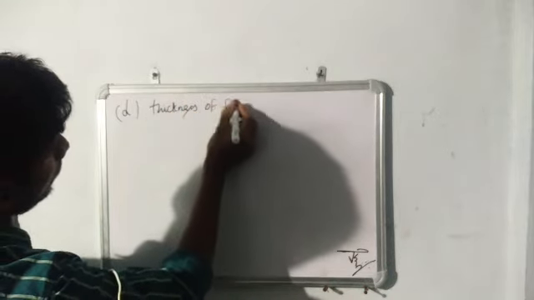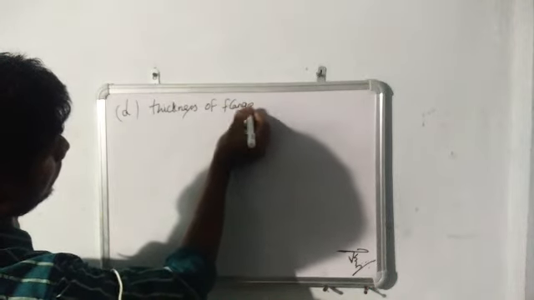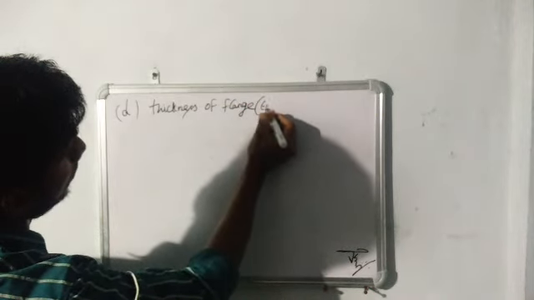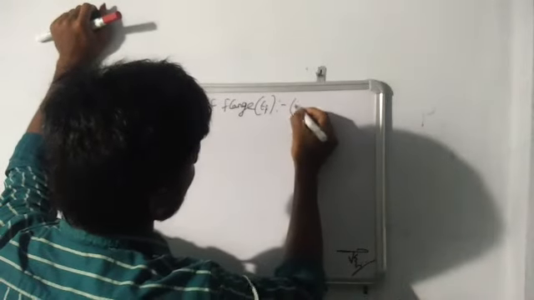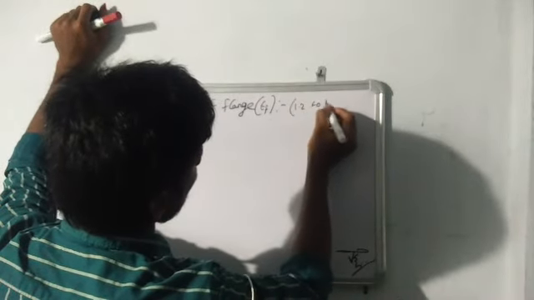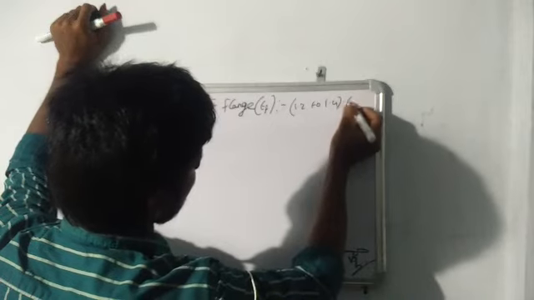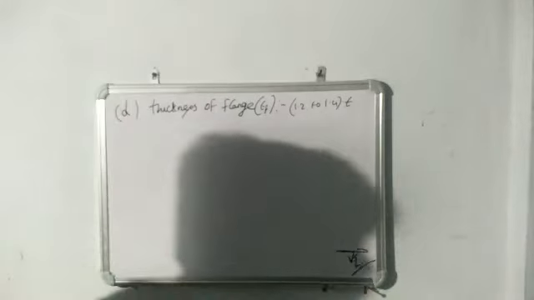Thickness of flange is denoted by Tf. So the Tf equal to 1.2 to 1.4 times of thickness of the cylinder.